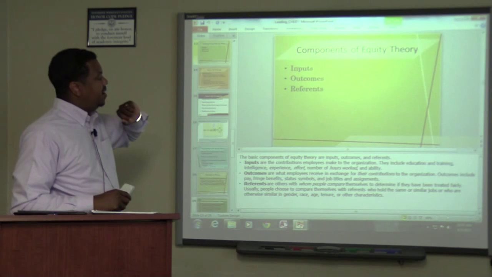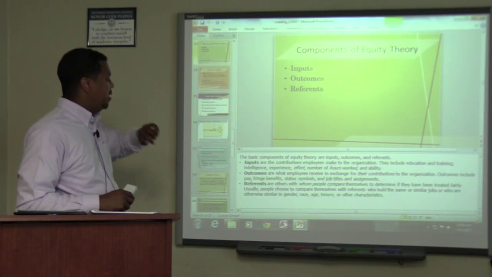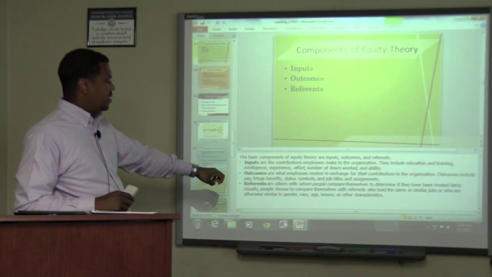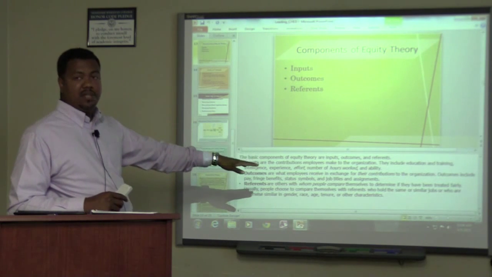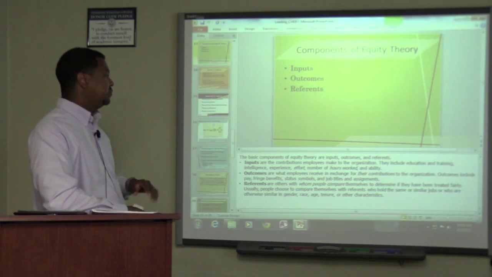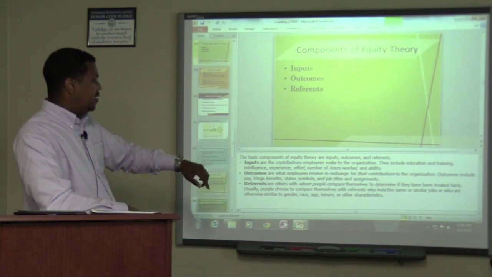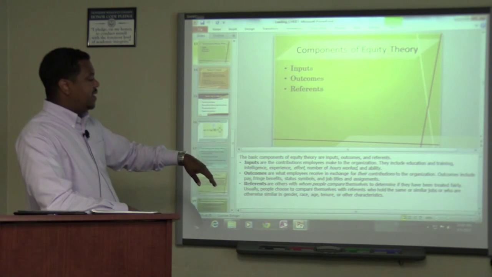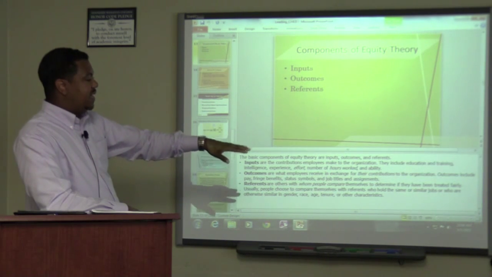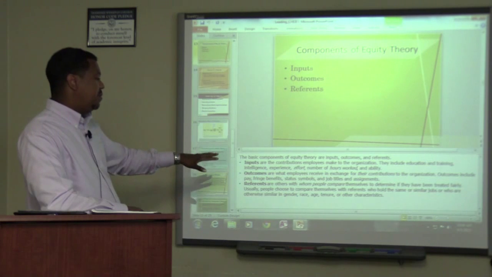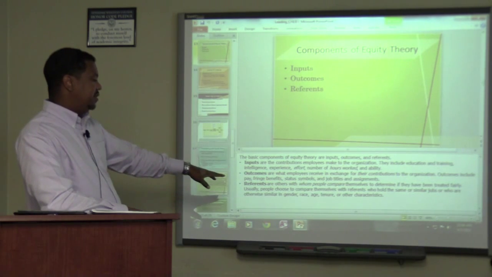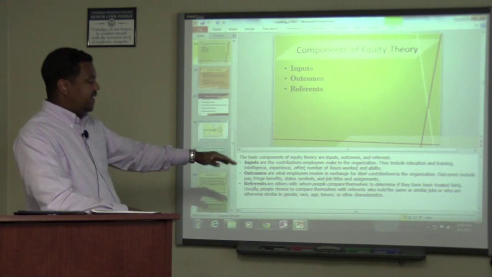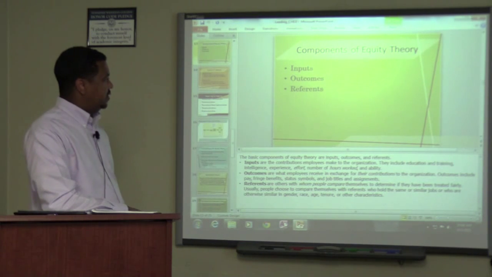And then looking at this final component of equity theory, there's reference, right? Those whom people compare themselves to within their organization. If they have been treated fairly, people usually compare themselves to references who have the same or similar type of job within the same organization, sometimes similar in gender, ethnicity, age, tenure, and characteristics within their organization.